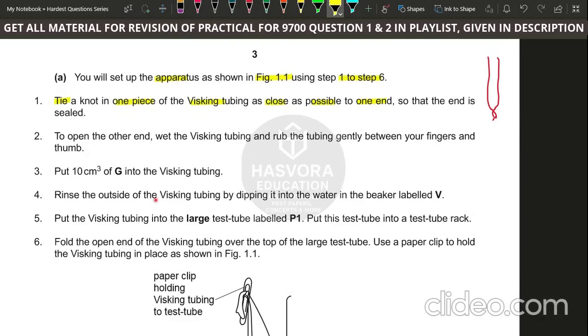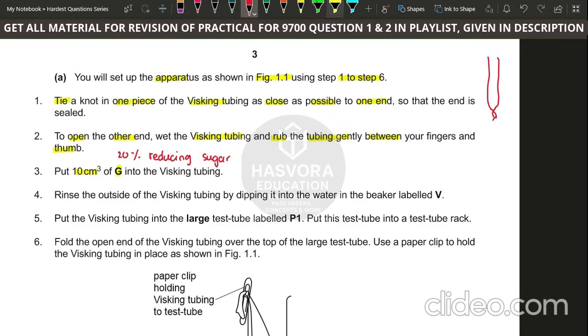Then you have to open the other end, wet the whisking tubing, and rub the tubing gently between your fingers and thumb, just the method I told you. Put 10 cm cube of G. Now what was G? G was 20% reducing sugar solution.